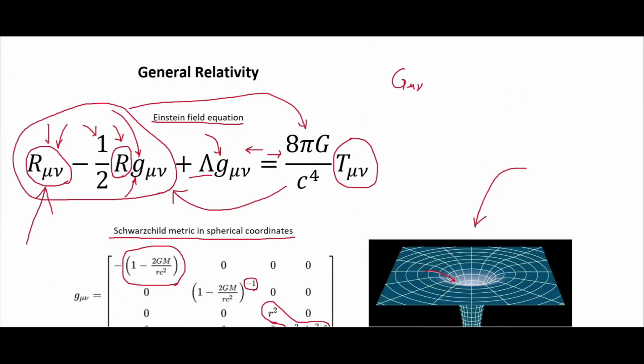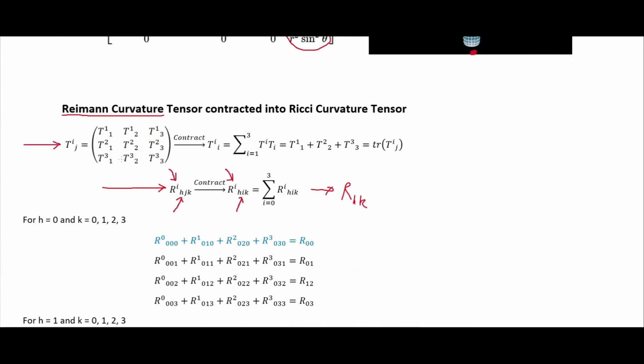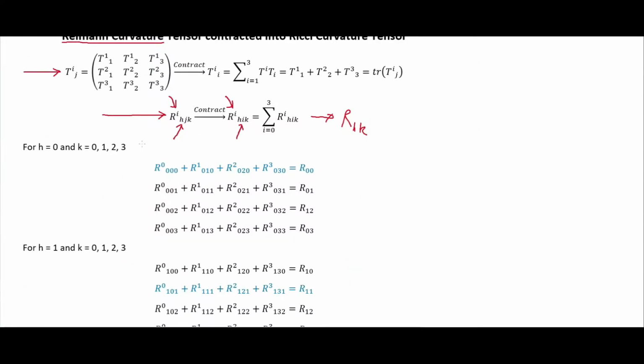So if we look here, that has two downstairs indices. And so to contract that, like I said, we are going to sum over i for every value of h and every value of k.